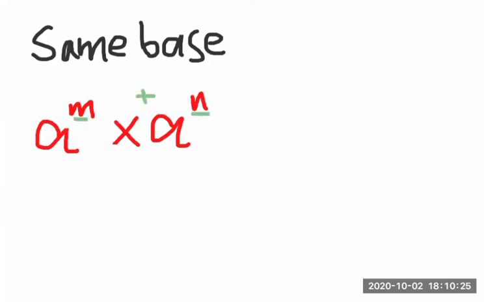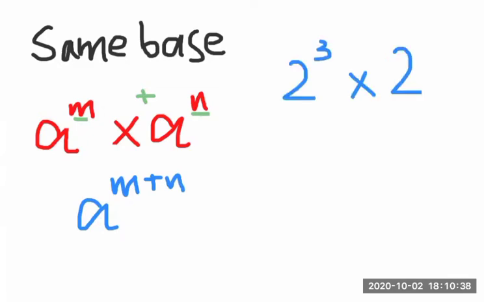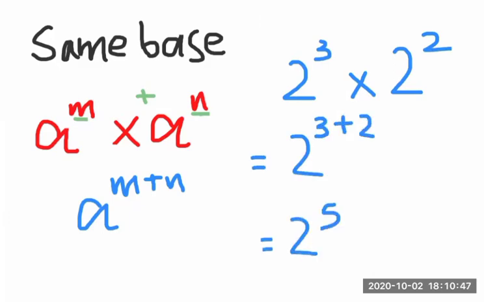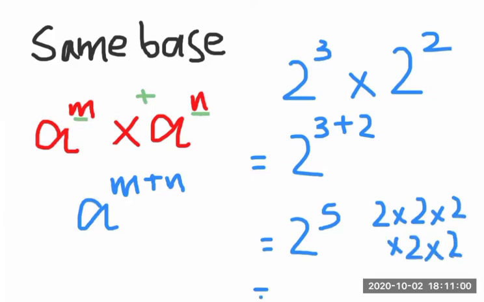So that becomes a to the power m plus n. If I have 2 to the power 3 times 2 to the power 2, the powers get added. It becomes 2 power 3 plus 2, 2 power 5. You can easily find out what the value is going to be. You can use a calculator. If it's paper 1, you can simply multiply it 5 times. Okay, so the answer is 32.